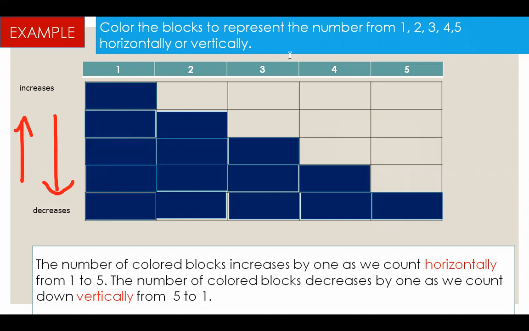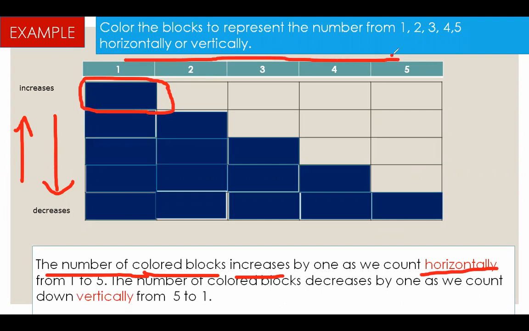Okay, so that's it, students. Again, color the blocks. The number of color blocks increases by 1 as we count horizontally. Okay, this one. Because we count it horizontally from 1 until 5. All right.